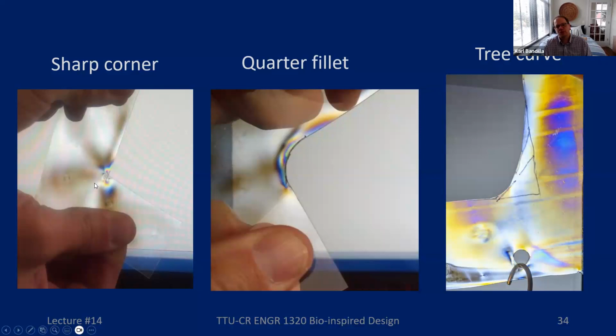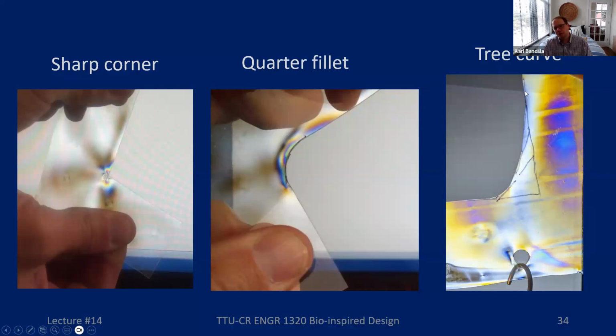You see the very strong coloring in there, and not very many stresses everywhere else. So this means it's very easy to create a crack here and have the whole thing fail. If we round it off, it's much better. The stresses are distributed over a larger area, but there's still not very many around it. Most of them are there.